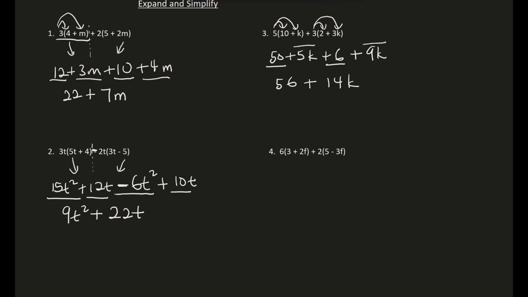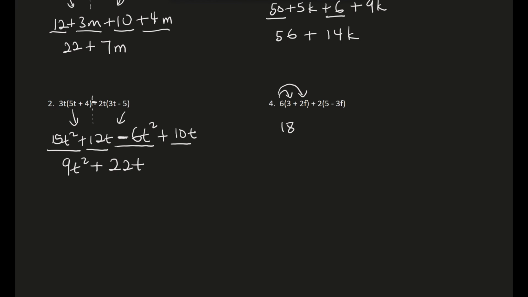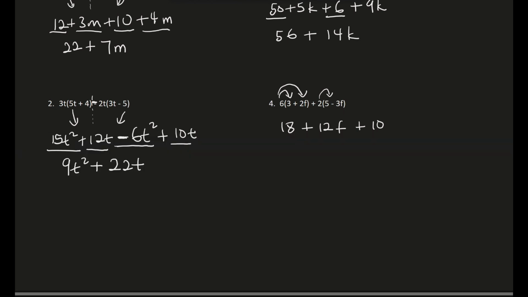Now let's solve number 4. 6 times 3, that gives us 18. 6 times 2f gives us 12f. And then we have 2 times 5 gives us plus 10. Now, please take note of this as well.